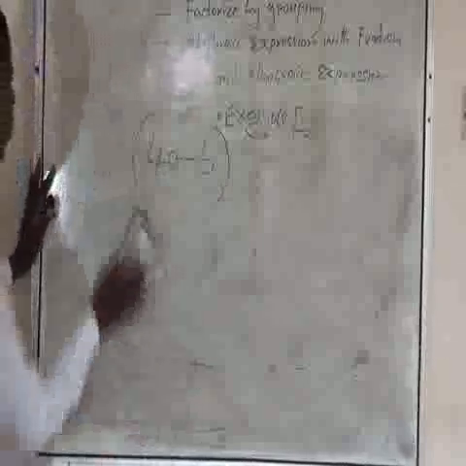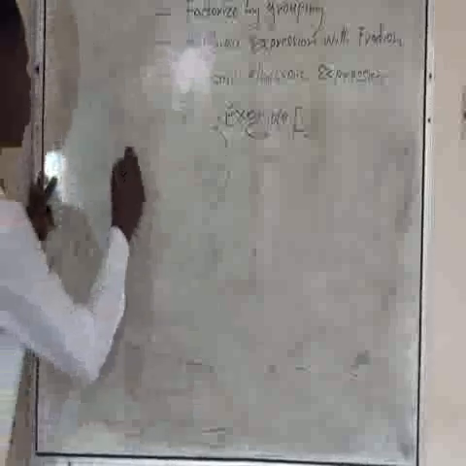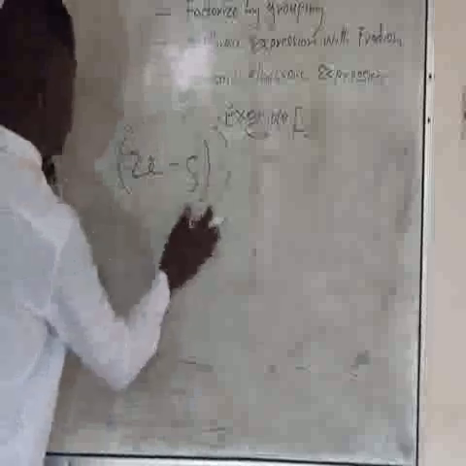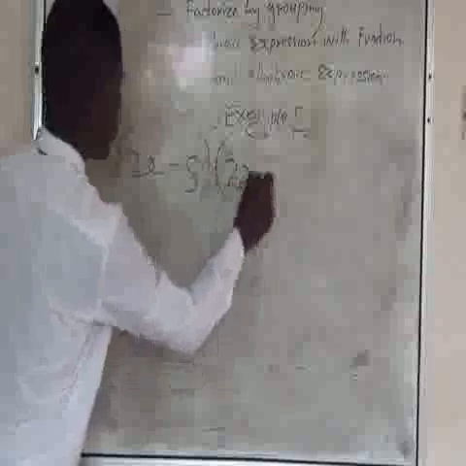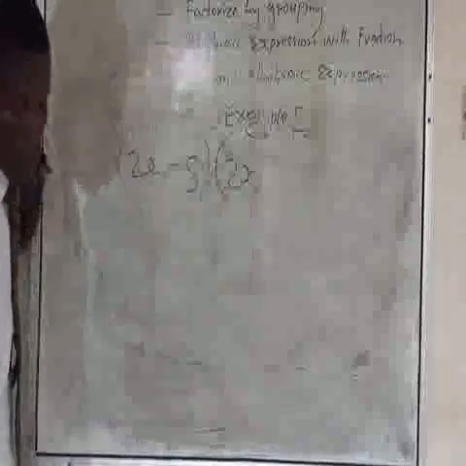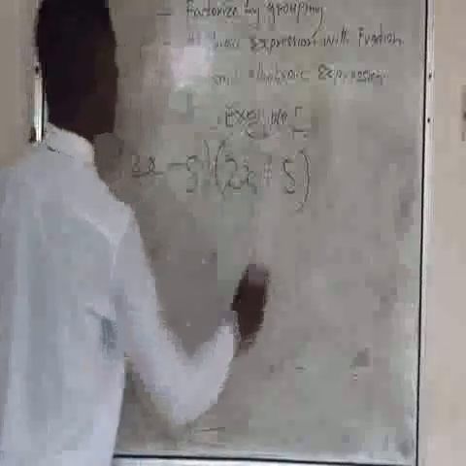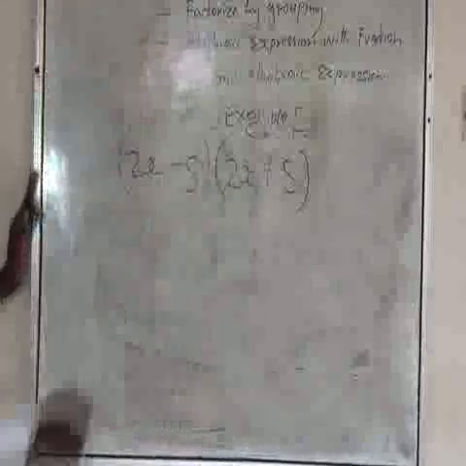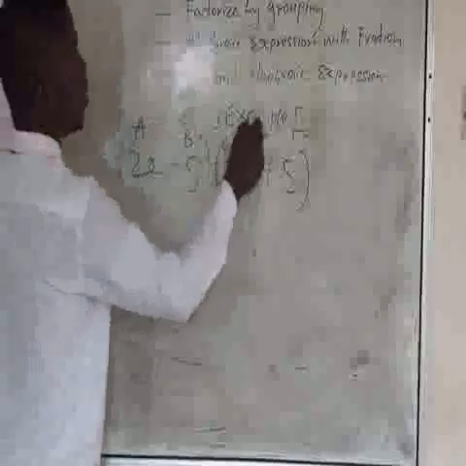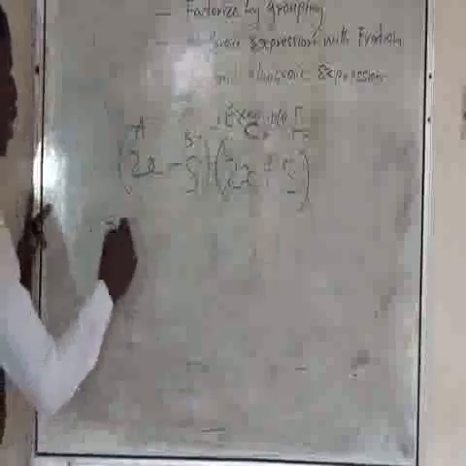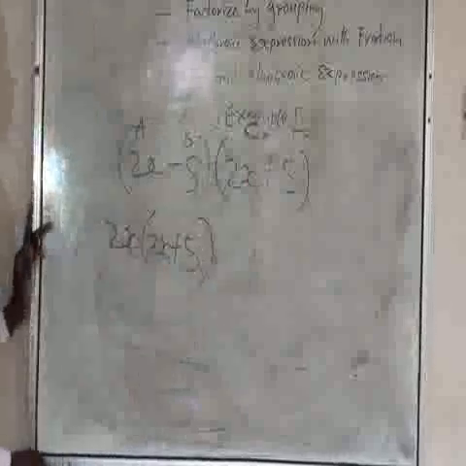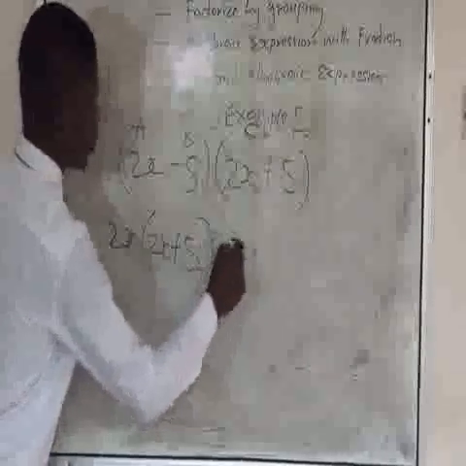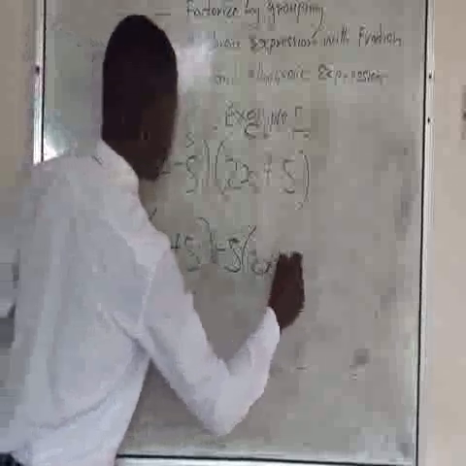Sorry. (2x minus 5), open and close bracket, open bracket (2x plus 5). Good. Let's expand. A, B, and C. 2x bracket 2x plus 5, close the bracket, minus 5 bracket 2x plus 5, close the bracket.